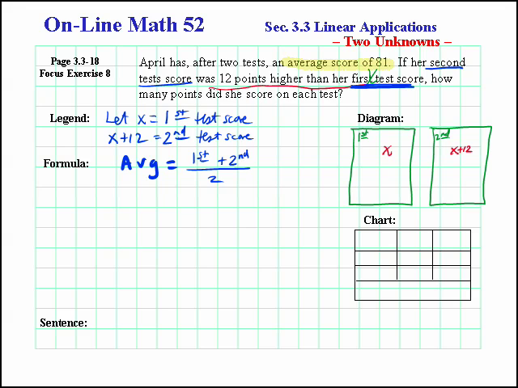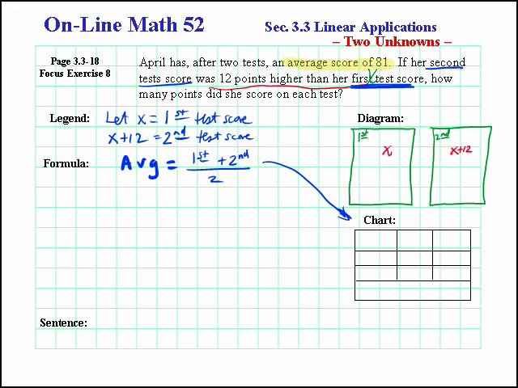And if there had been 3 tests, it would be the first plus the second plus the third divided by 3. And if there were 4 tests, we'd divide by 4, and on and on. So the average is always you divide by the number of items, in this case number of tests taken. So that's the formula that we're going to use, and we work with that right in the chart.